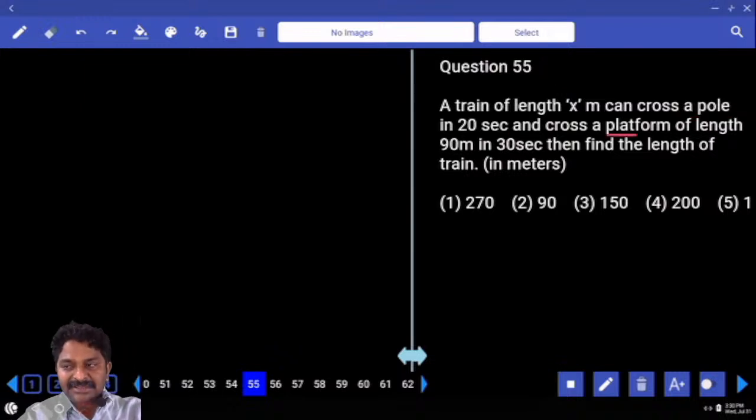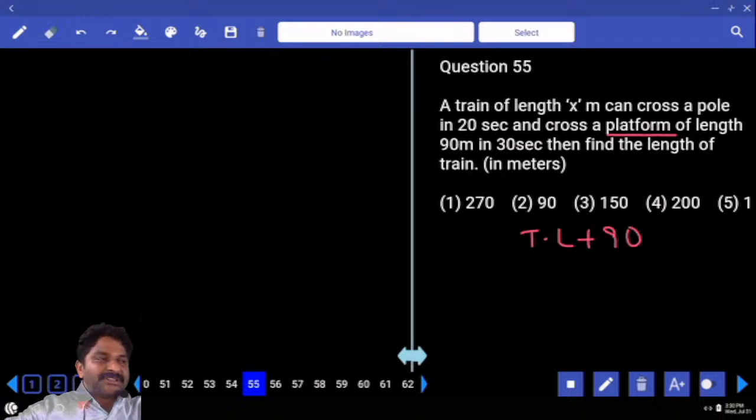Next case, it crosses a platform. Then the distance covered is the train length plus the platform length, which was mentioned as 90 meters. And for that, how much time is it taking? So what was the extra distance covered in the second case compared to the first case? This platform length, 90 meters only.